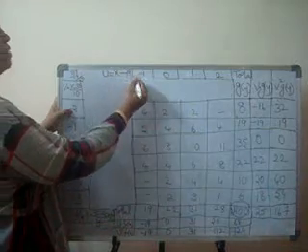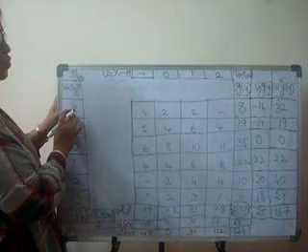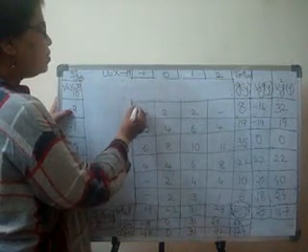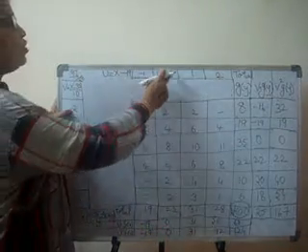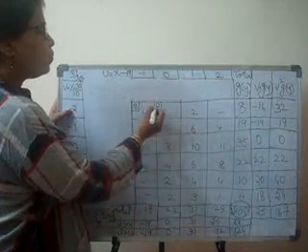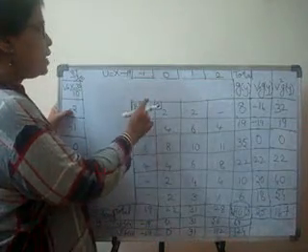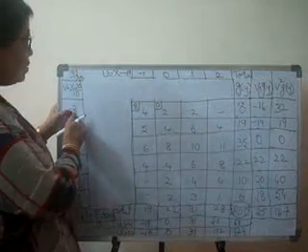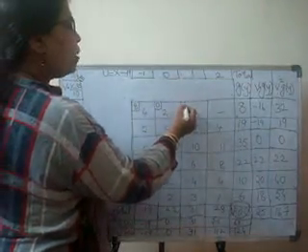U is minus 1. U into V, minus 1 into minus 2 is 2, into this frequency, 2 4s are 8. Minus 2 into 0 is 0. 0 into 2 is 0. Each frequency I am multiplying with U and V once. So minus 2 into 1 is minus 2. Minus 2 into 2 would be minus 4.